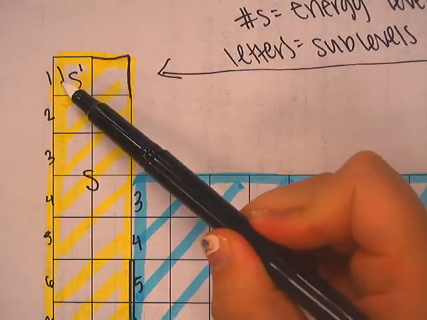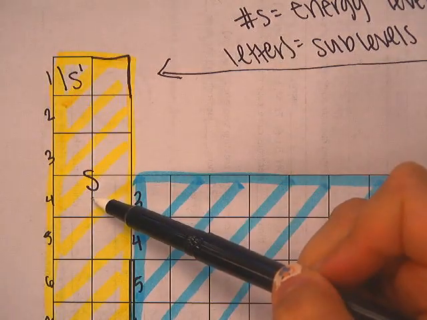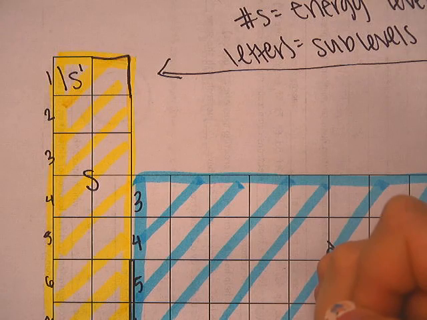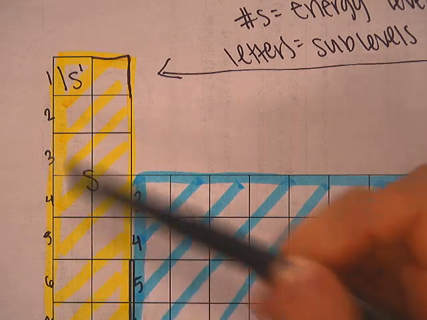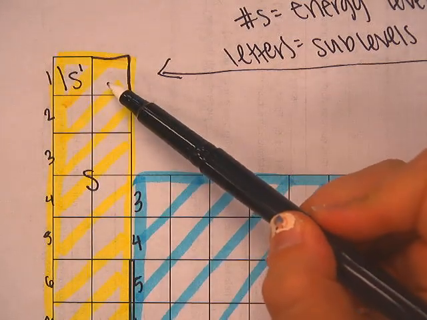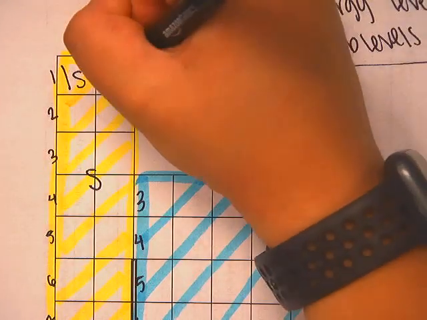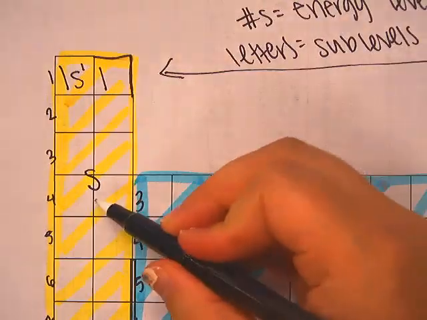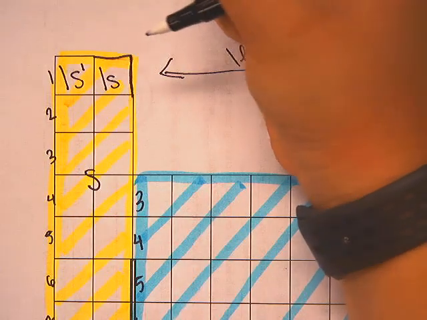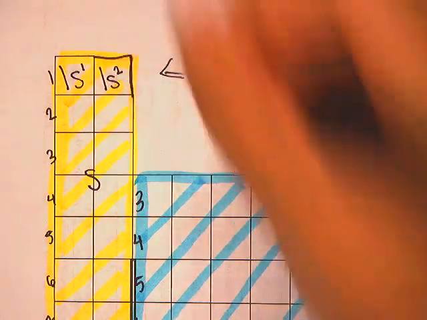So I'm in the first energy level, I am in the S sublevel, and I am in box number 1. The box right next to it is still in the first energy level. It is still in the S sublevel, but this is now box number 2.